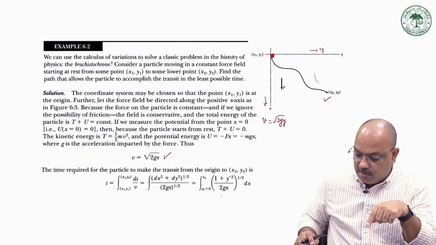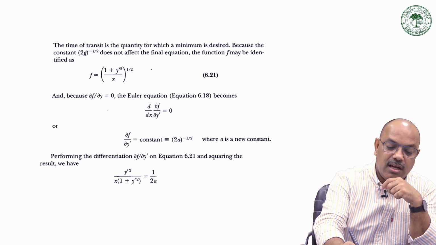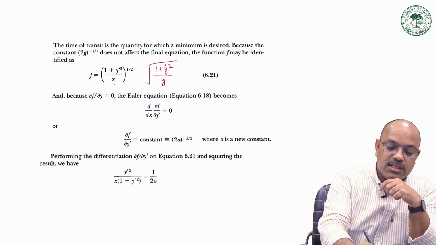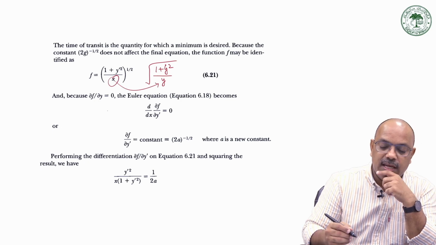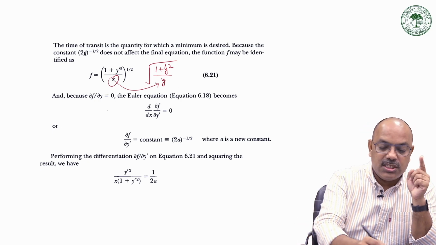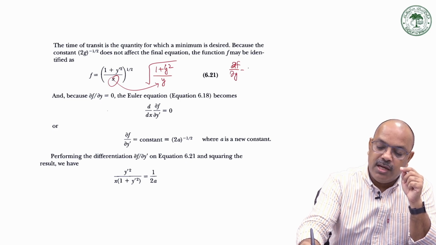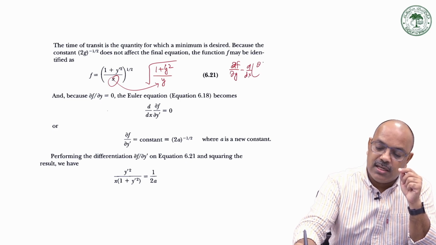So my equation becomes simpler. Earlier it was 1 minus y dot square by y under root. Now this is x in place of y, and so this is my functional, and then you have del f by del y minus d by dx of del f by del y dot equal to 0.